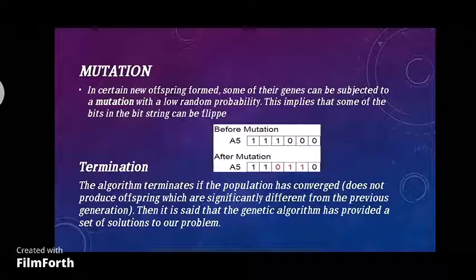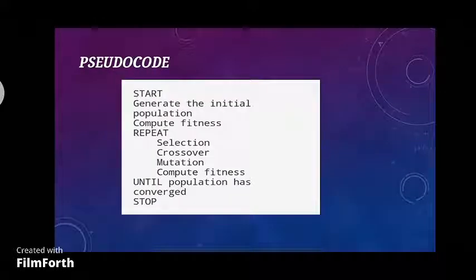The algorithm terminates if the population has converged and does not produce offspring which are significantly different from the previous generation. Then it is said that the genetic algorithm has provided a set of solutions to our problem. So this is how genetic algorithms work.